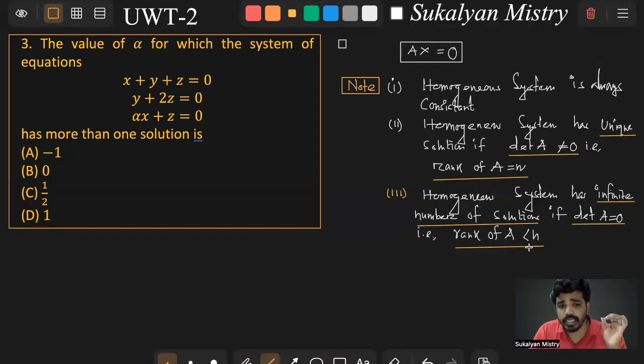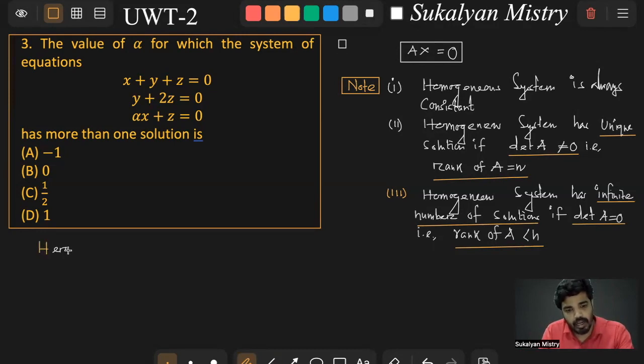So for this, here we have to calculate the value of alpha, and it is given that the system has more than one solution. That means this homogeneous system has infinitely many solutions. So just calculate the determinant of the coefficient matrix. So here, what is the coefficient matrix?